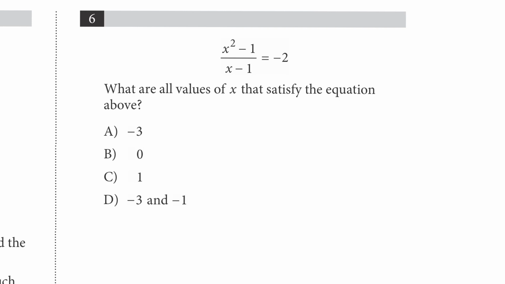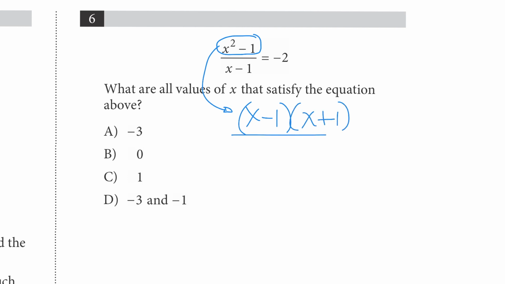Okay, problem number 6, we have x squared minus 1 over x minus 1 is equal to negative 2. What are the values of x that satisfy the equation above? First of all, if you notice this numerator, x squared minus 1, that's a difference of squares, and this can be factored as x minus 1 times x plus 1.